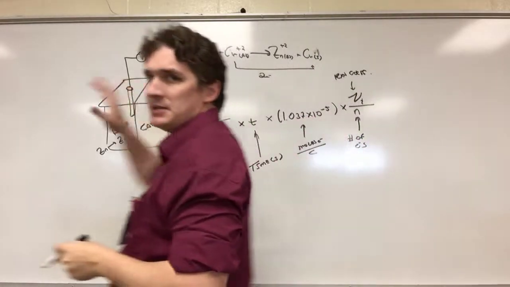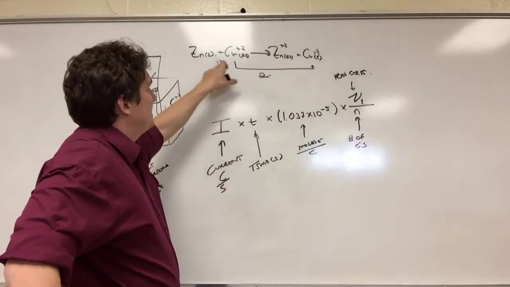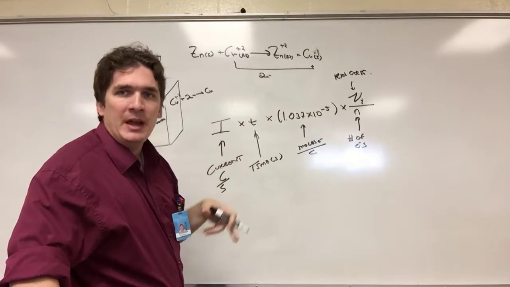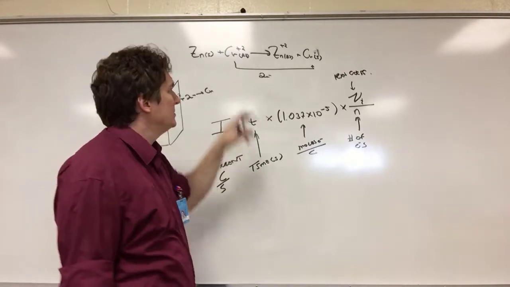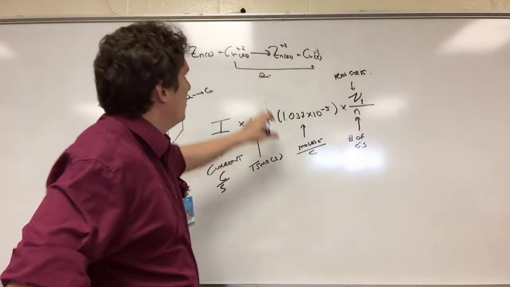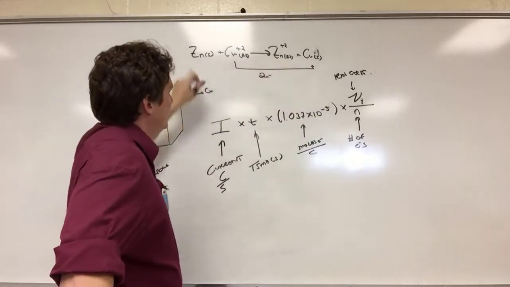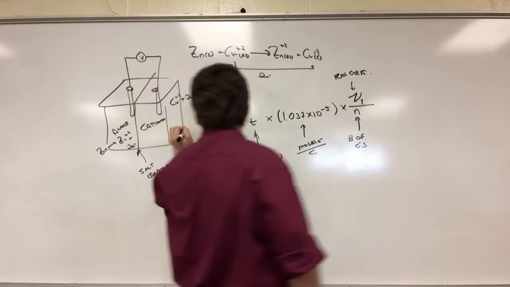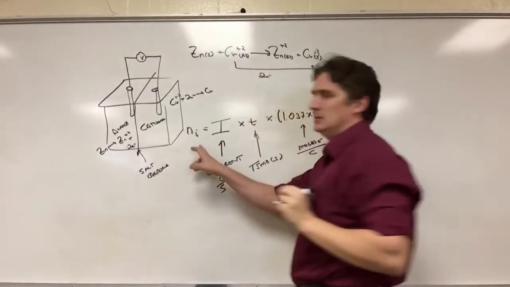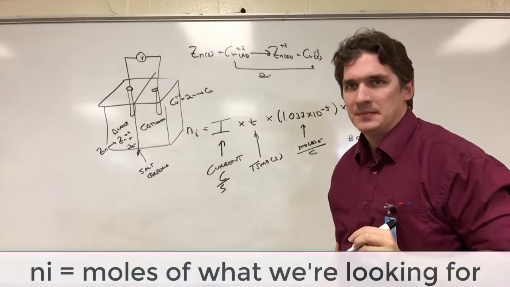In this simplified reaction, we have zinc and copper, so these are all 1 to 1. But let's say we had a reaction where it was 2 and 3 and 4 and 5. Whatever we want to find, we're just going to multiply by whatever number is in front of it. And this is going to give us, ultimately, moles of what we're interested in.